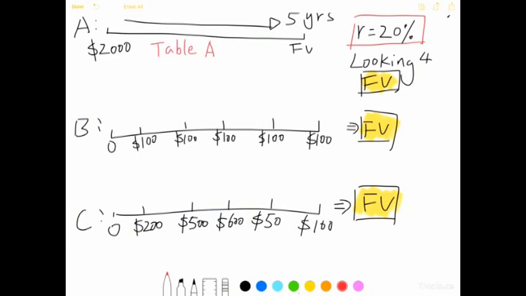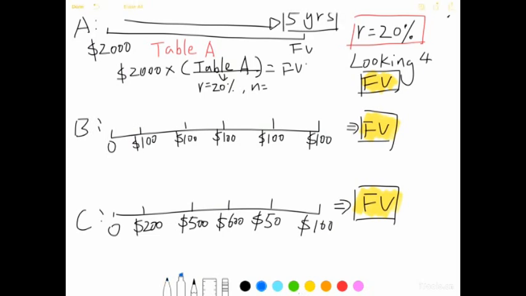You can only use table A. So real simple, you just use the $2,000 times the table A factor, by substituting R equals 20% and N equals 5, which is your 5-year period. So your N should be 5, you find it on your table A, and then you multiply by $2,000, your present value, and you should be able to get your future value really easily.